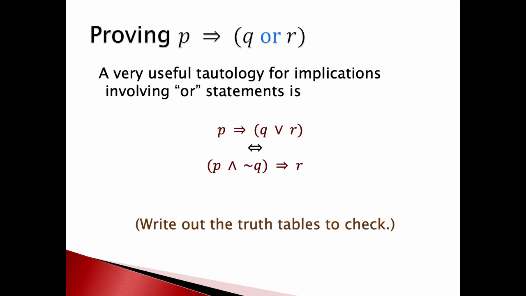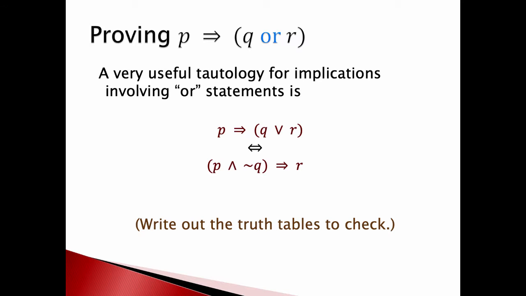So that's the same as saying, okay, let's suppose that P is true, but Q isn't. Then the only alternative left is that R has to be true, right? Because if we're assuming P and we've ruled out the case of Q being true, then that has to imply that R is true. Now I've used Q and R here. You could switch those. You could assume that P is true and R isn't. That would have to imply that Q is true. Either one of those would be an equivalent implication.